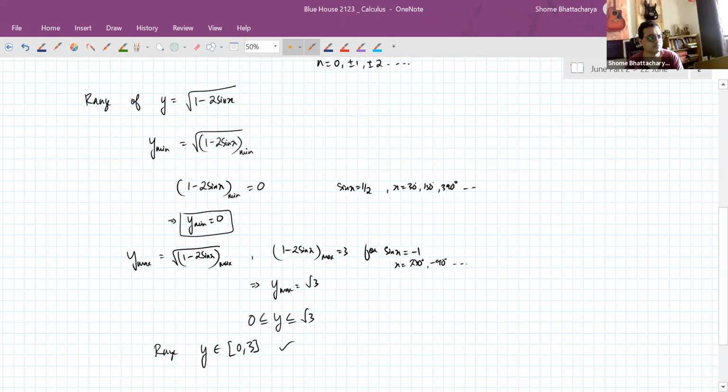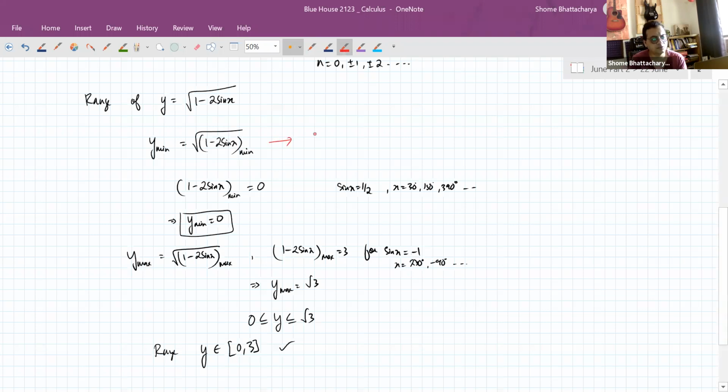So when sine x is minimum, that is when y is maximum, no? Because y is the square root of 1 minus 2 sine x, so we are subtracting sine x. When we take sine x minimum, we get y maximum. When we take sine x maximum, we get y minimum. Got it, no? Yes, sir.